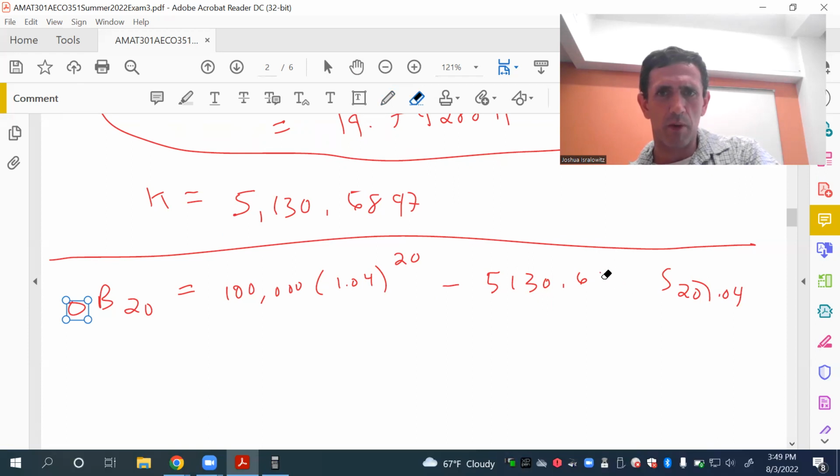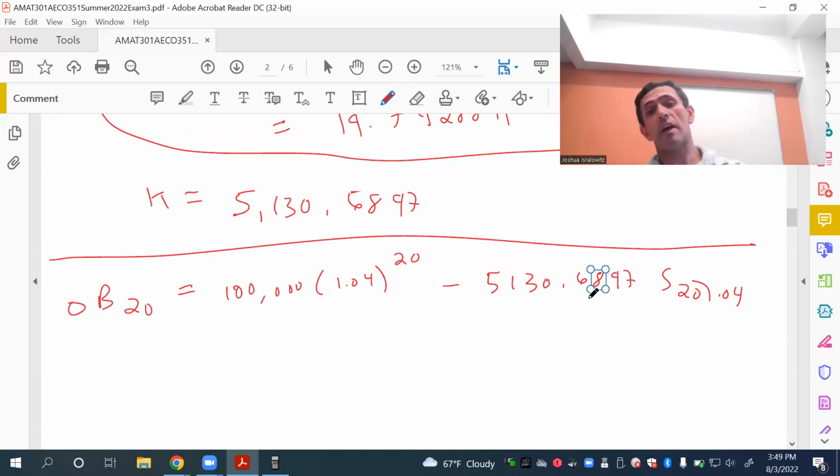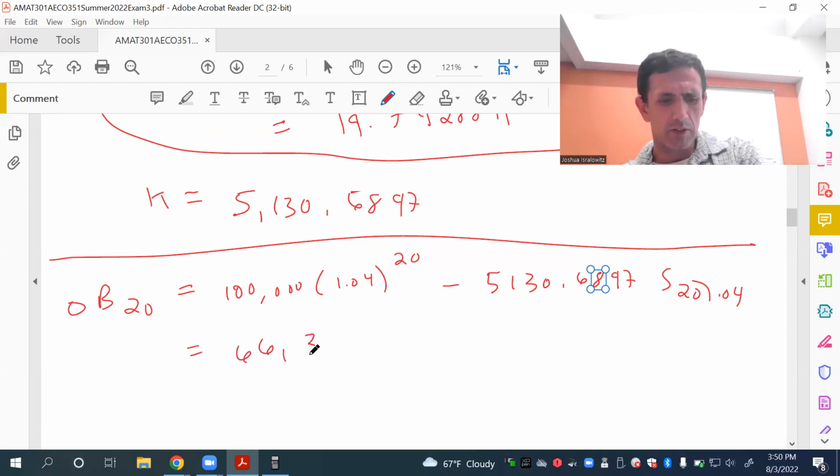If you don't remember the formula, you don't really need it. It's the time value of the loan minus the time value of your loan payments. And in general, remember that always is true, regardless of any situation, really. Anyway, so this is going to be 66,033.14. So we do a loan reset.